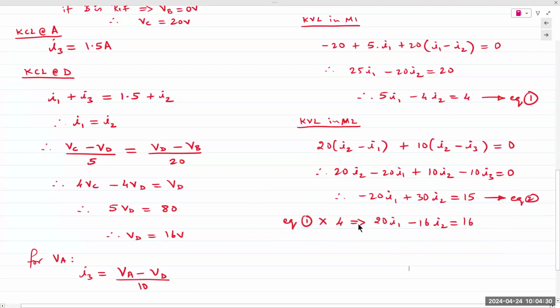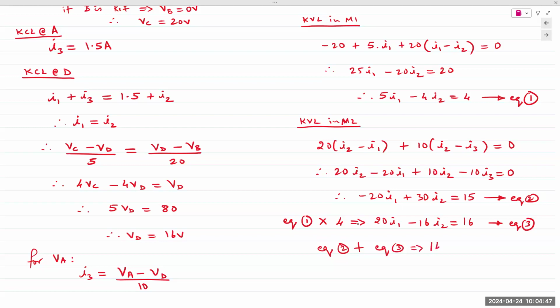I'll call this equation 3. So equation 2 plus equation 3 gives me 14 times I2 is equal to 31. Therefore, I2 is equal to 2.2142 amps.